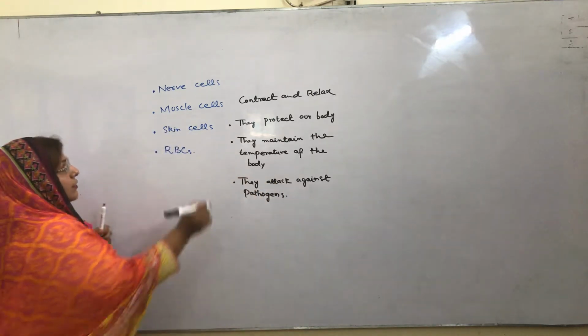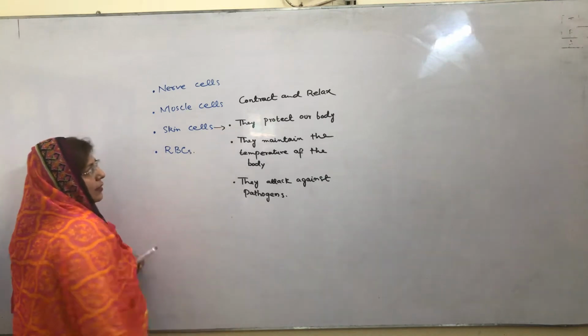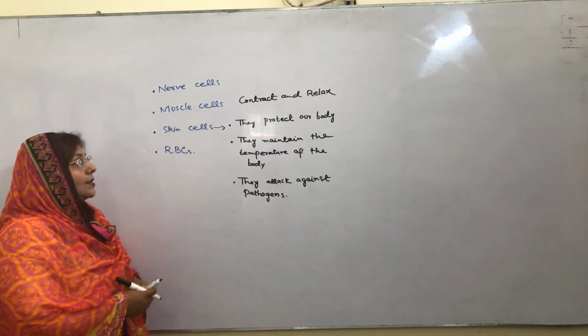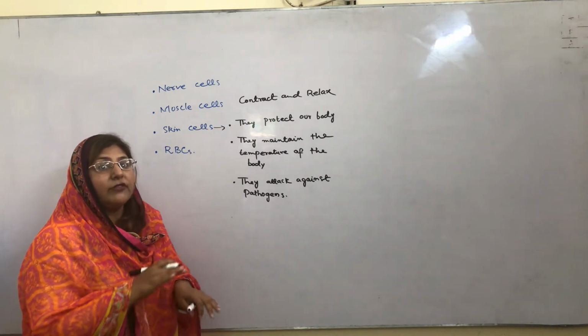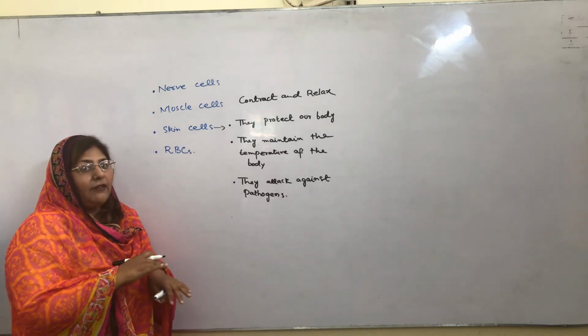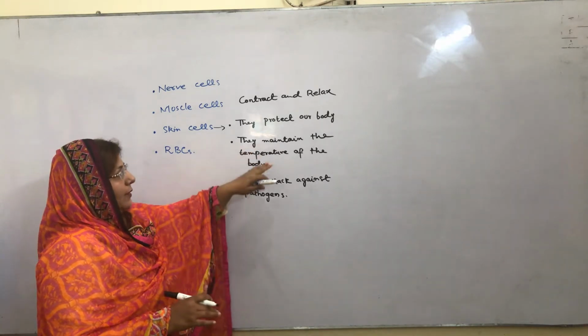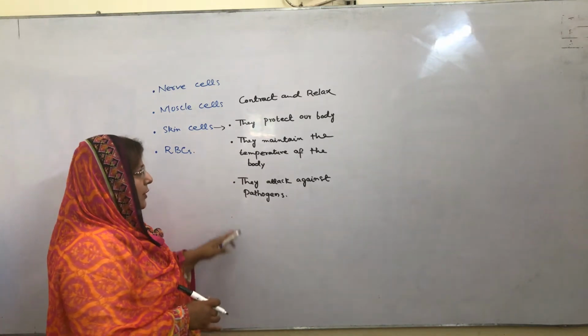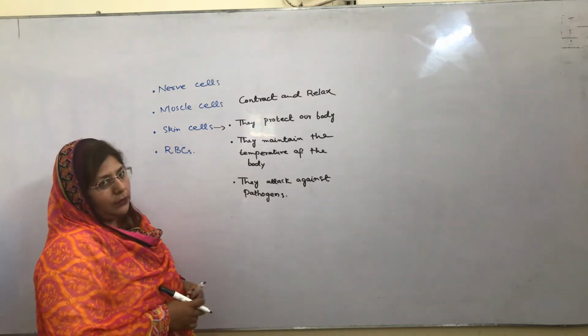So this is the function of our skin cells. They protect our body because the skin cell consists of double layers. They have different layers. So they protect our body, they maintain our body temperature, and they fight against the pathogens.